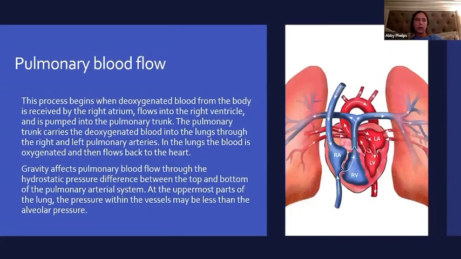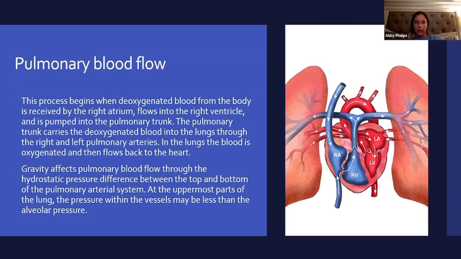So first, I'm going to start off with pulmonary blood flow. This process begins when deoxygenated blood from the body is received by the right atrium, flows into the right ventricle, and then is pumped into the pulmonary trunk. The pulmonary trunk carries the deoxygenated blood into the lungs through the right and left pulmonary arteries.